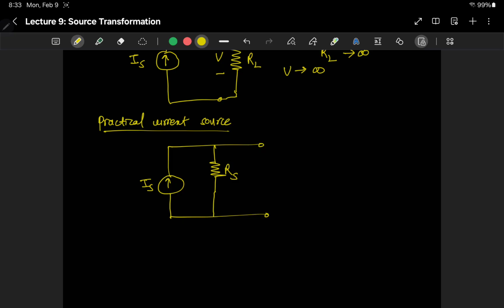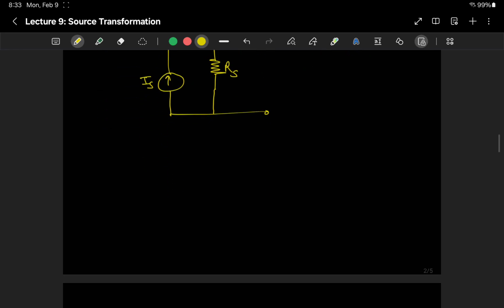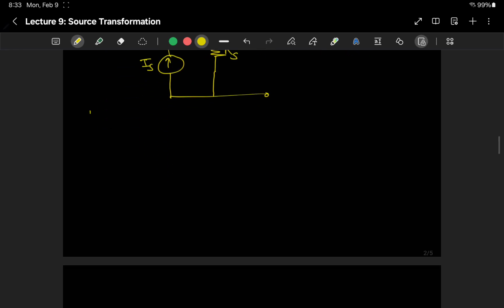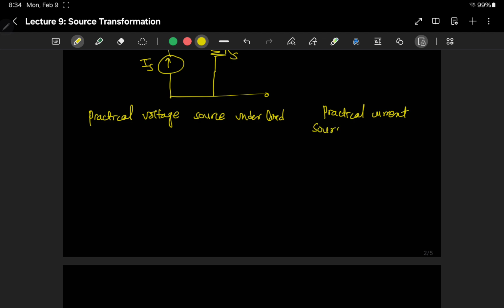Let's see the relationship between the practical current and practical voltage source. Okay, so let's do this in parallel. Practical voltage source under load, and on the right we have practical current source under load.